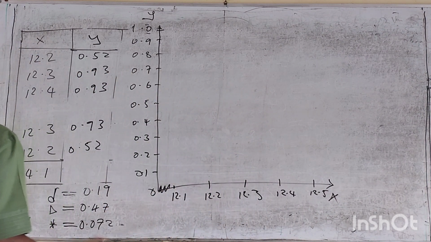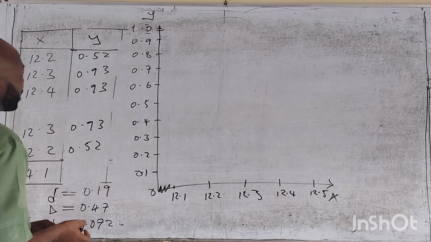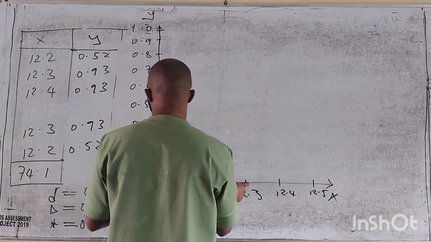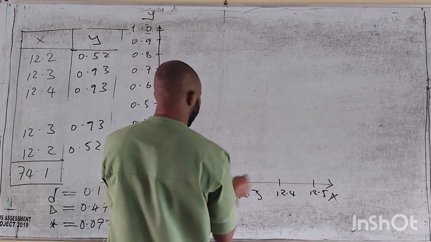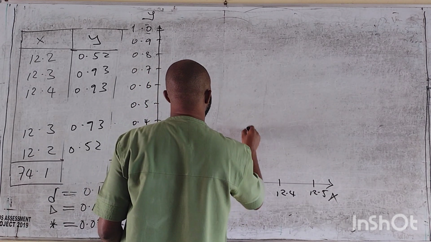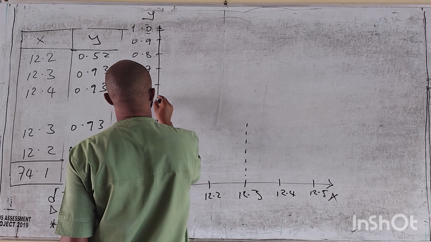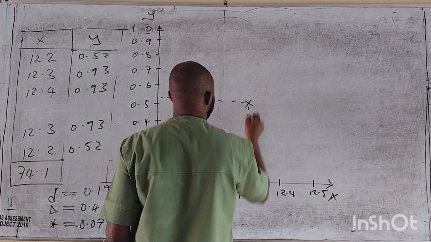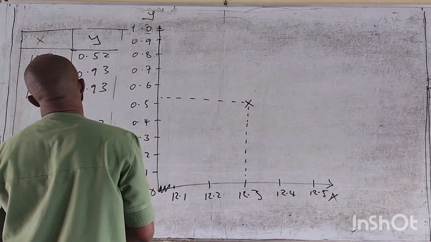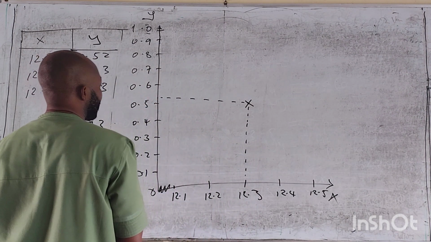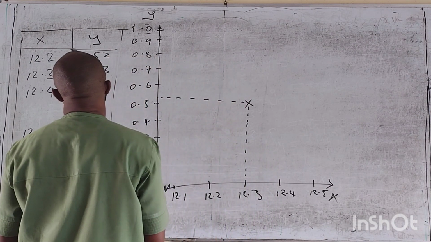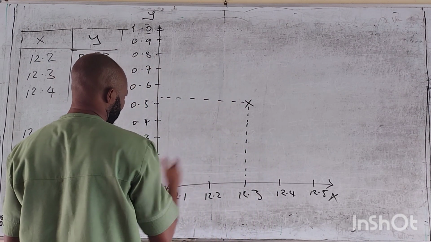Let's see our rough estimate of the graph. When it's 12.3, it's 0.52, somewhere there. Oh, that one was 12.2, sorry.